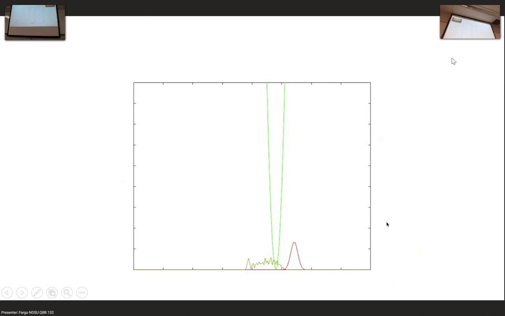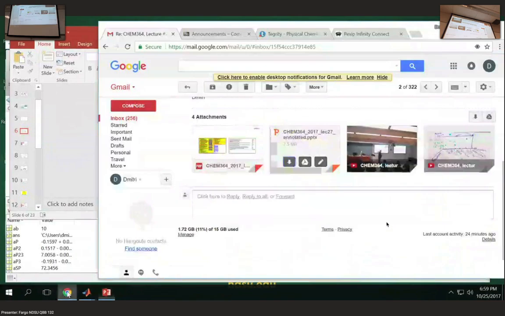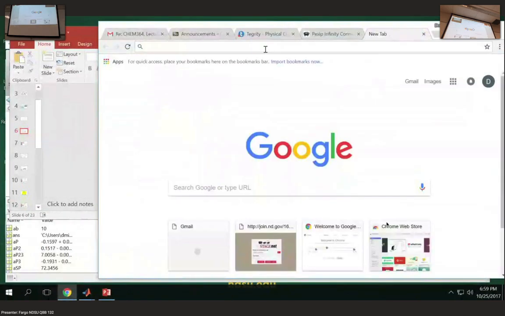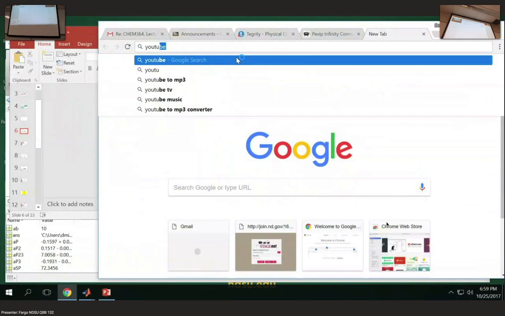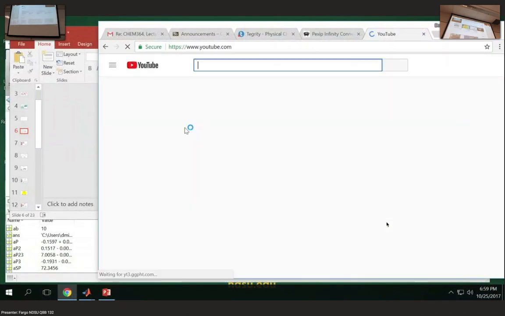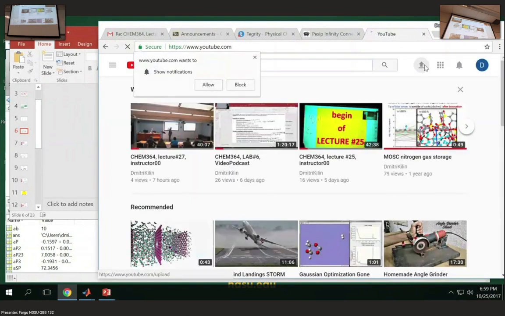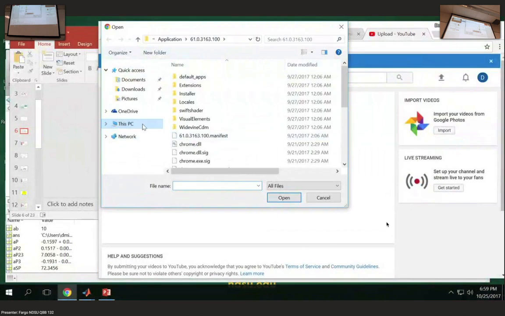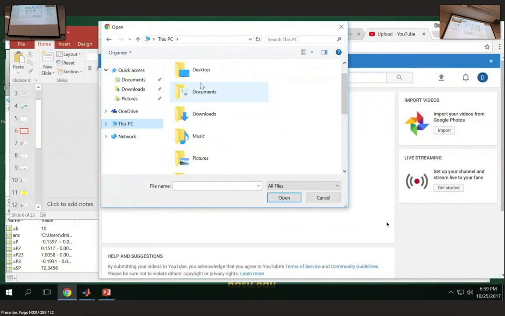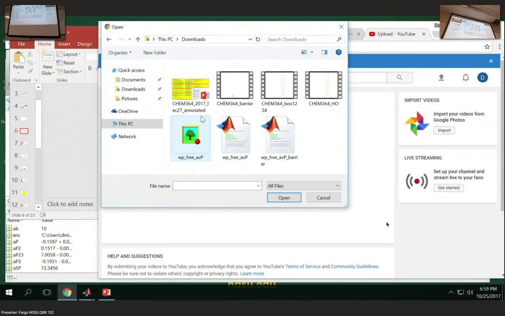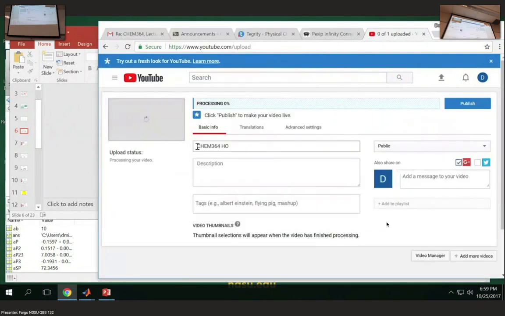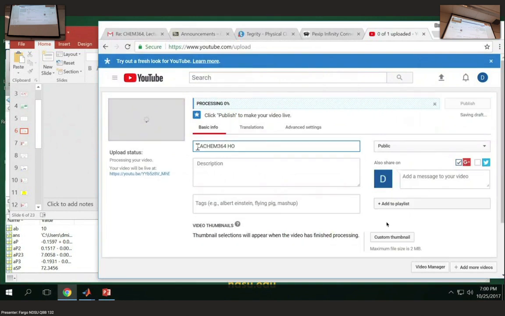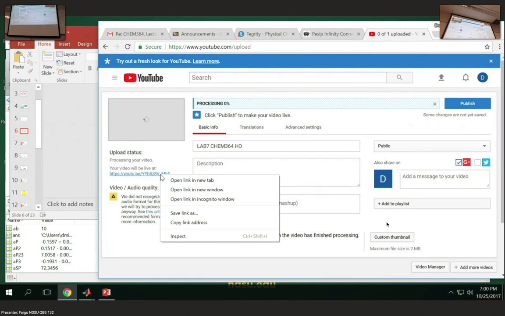And you may also practice uploading it to YouTube. So if you logged in with your password, well, it is self-evident, simple, but you better make sure that you can do it. Downloads. And here is the link that you can copy.